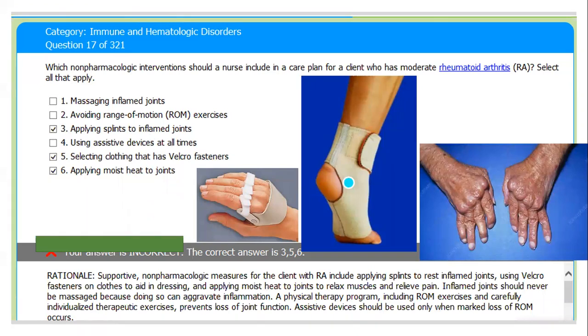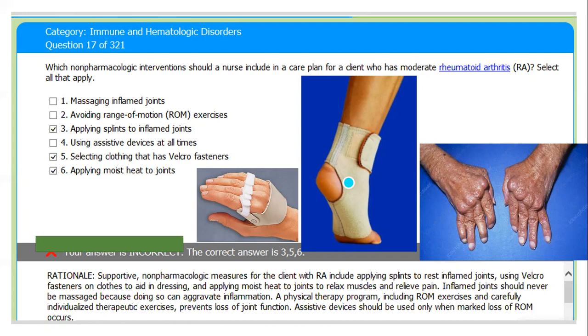Because in rheumatoid arthritis, patients sometimes have deformed joints or deformities, it is very important to educate the patient on what they should do.